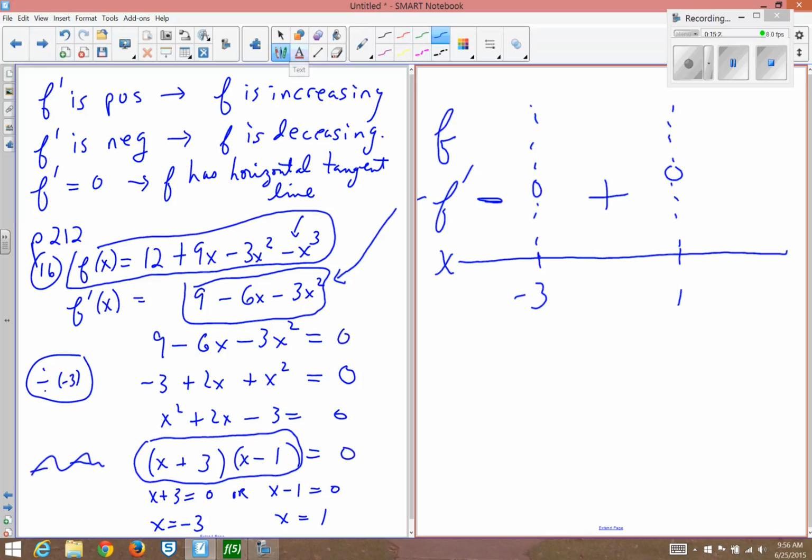When we plug 2 into the derivative, we get a negative number. F prime means the derivative, which means the slope. Any function with a negative slope is decreasing. Any function with a positive slope is increasing. And any function with a negative slope is decreasing.